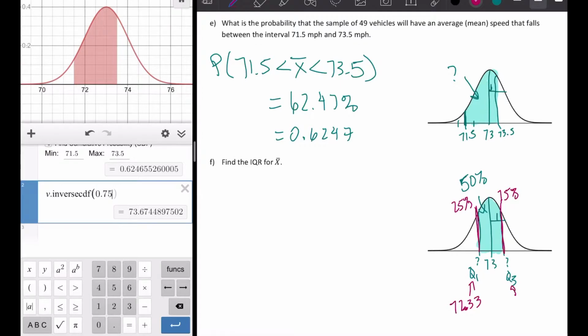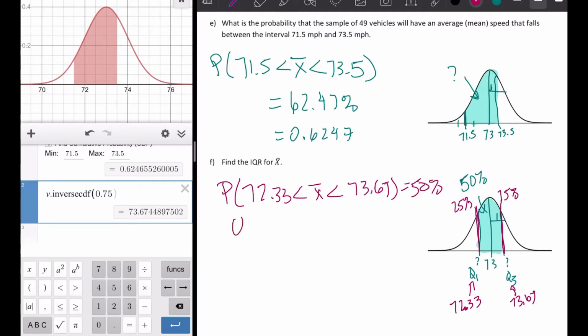So my Q3 is 73.67. So my probability that 72.33 is less than x bar, which is less than 73.67, is my 50%. So there's that complete statement, that middle percent.